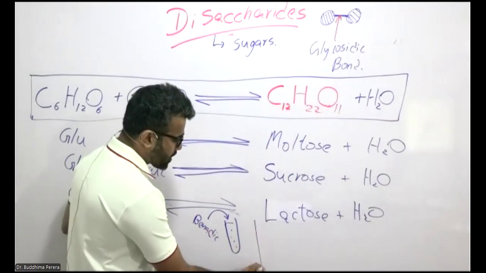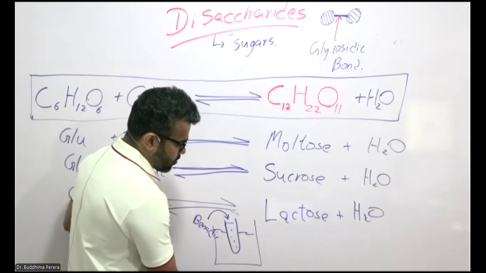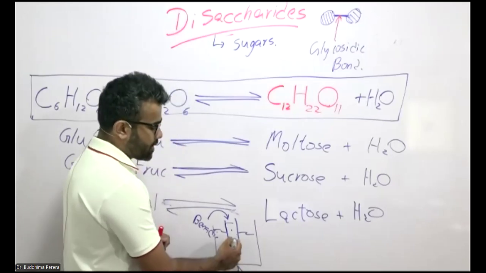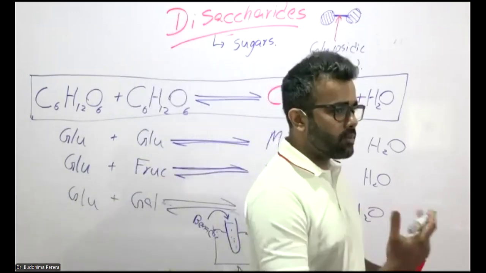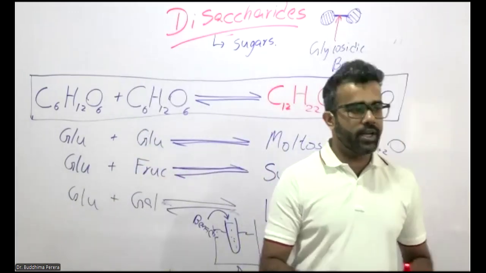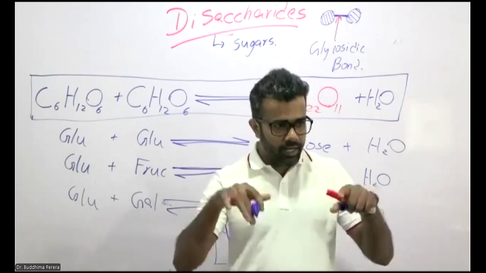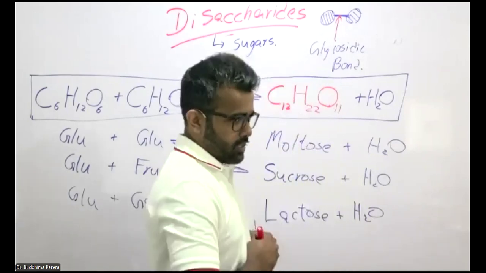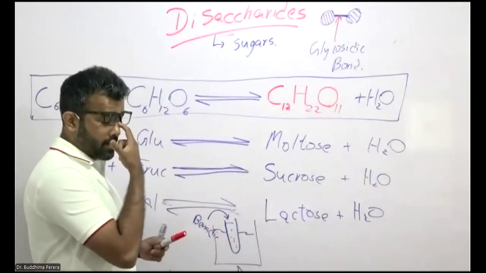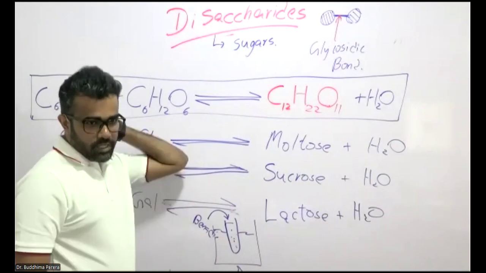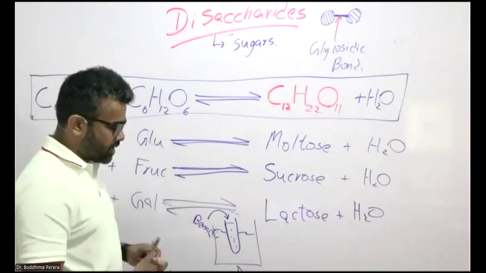Then you boil it in water, and the color changes. Blue becomes green, green becomes yellow, yellow then orange, then a bright red color deposition will occur. We will discuss it later. I just want you to remember that in O levels you did this. We called it the Benedict test.